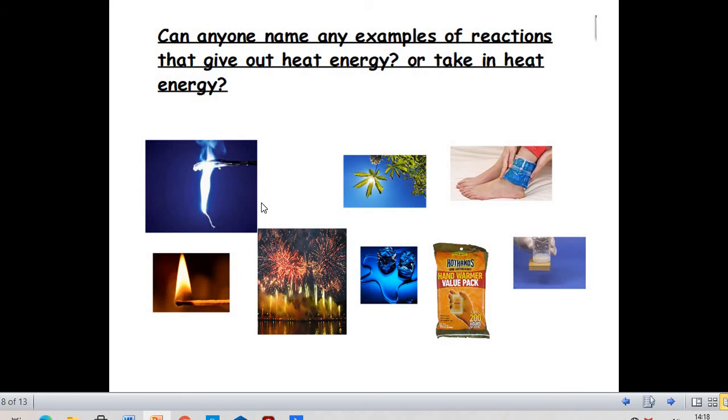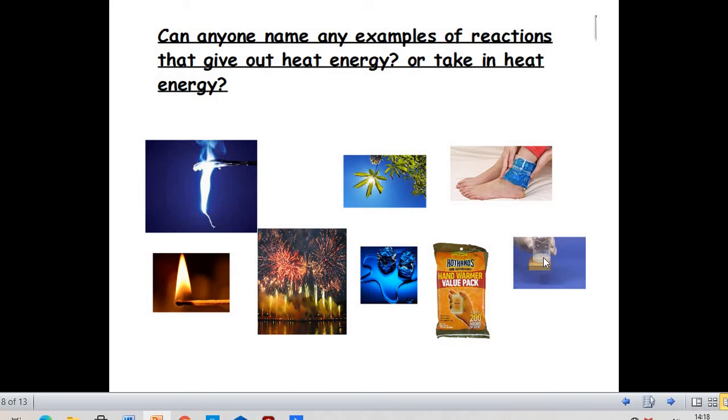The first one here, we've got magnesium burning, we've got a match burning, we've got fireworks. Here we've got photosynthesis, so the plant is taking in light and heat energy. If you've got any aches and pains, sometimes you're asked to put a cold pack on there to reduce swelling.